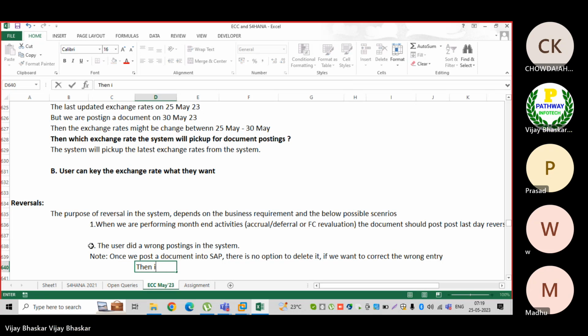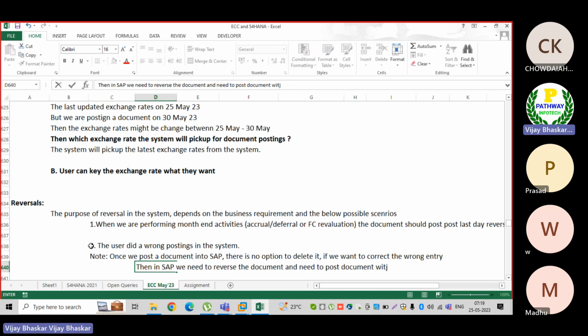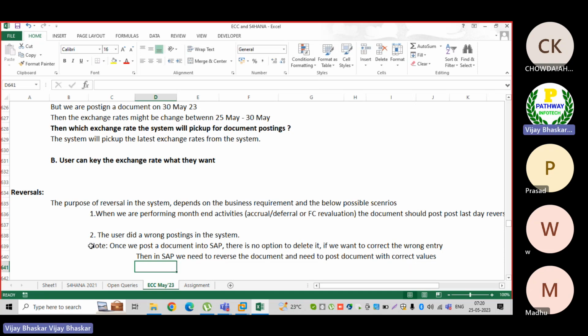In SAP we need to reverse the document and post the document with the correct values. I'll give an example here.